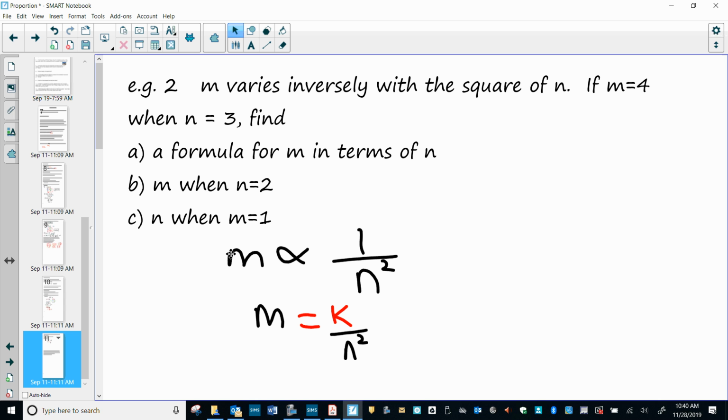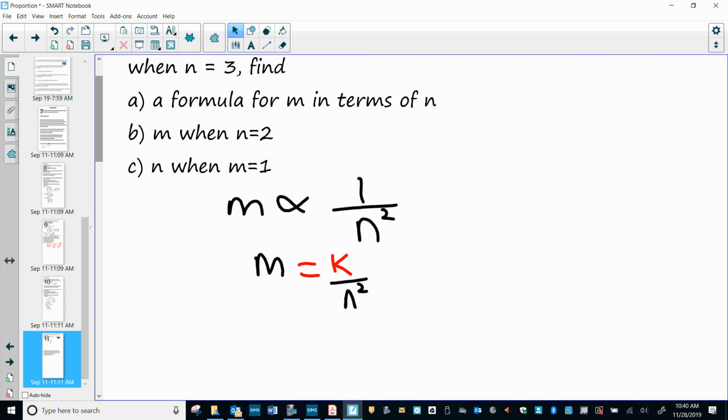We need to find k, so we use the values they've given us. So m is 4 when n is 3. So how do we find k? We need to multiply 4 by 3 squared, which is 36. 4 times 9 is 36.